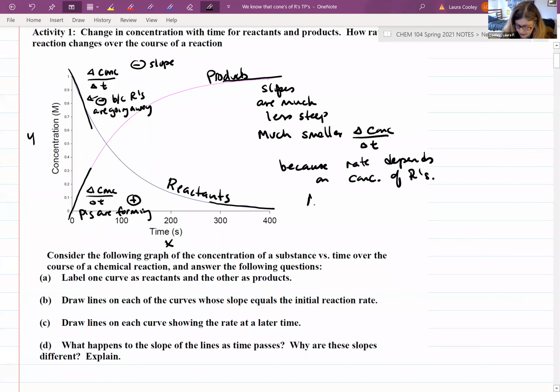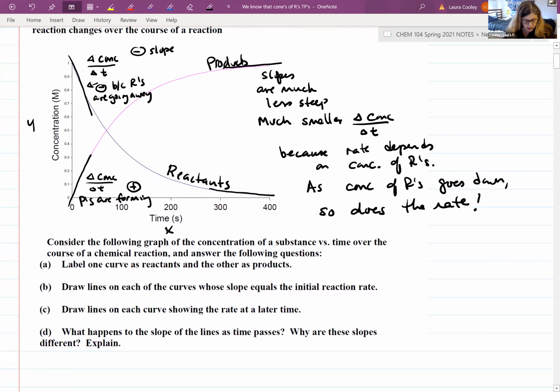And as the concentration of the reactants goes down, so does the rate. Okay, so we see that here. We talked about that with the demonstration that I did last class as well. So that should be review.